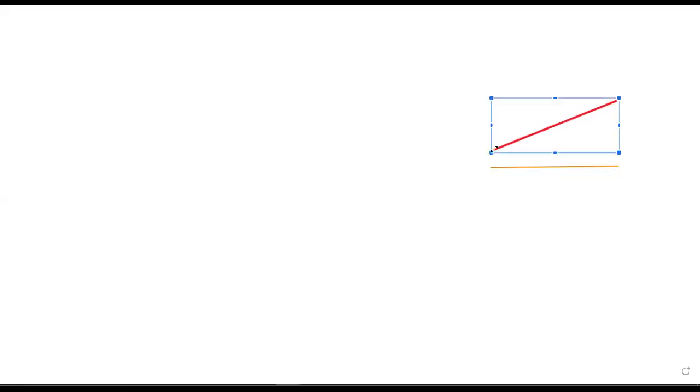You see the horizontal line? This line is called Fatha. Just give me a minute, I'm highlighting it. This line is called Fatha.